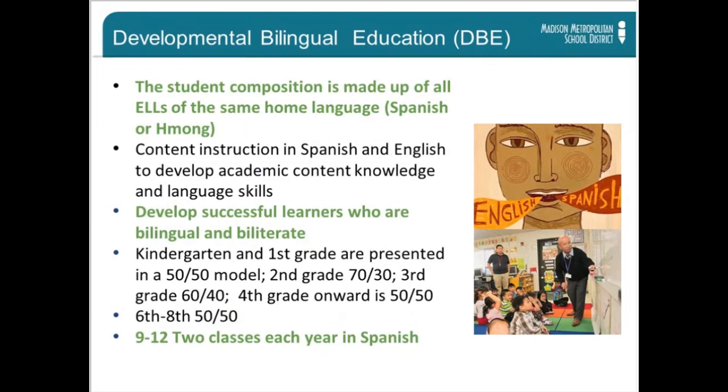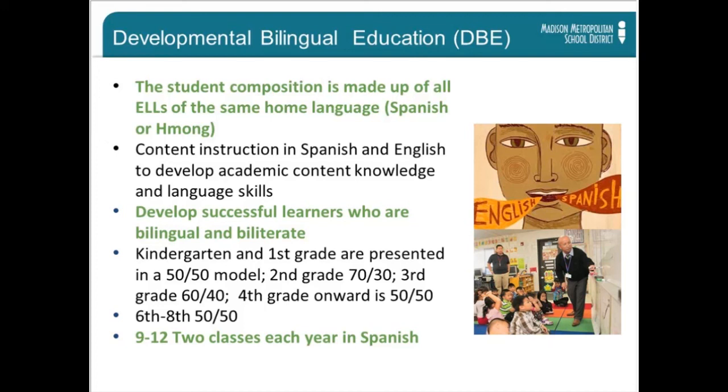And then we have a story to tell to all of our colleagues: in the district we have moved away from transitional bilingual education programs into dual language models. One of the sub-programs within that is a developmental bilingual education model, where all of the students are English language learners of the same home language background.